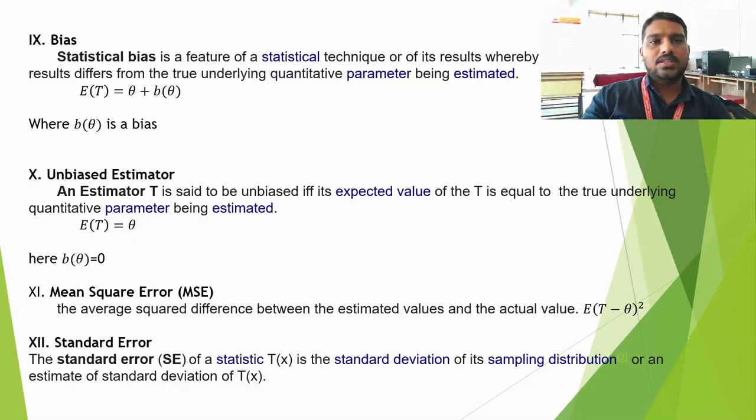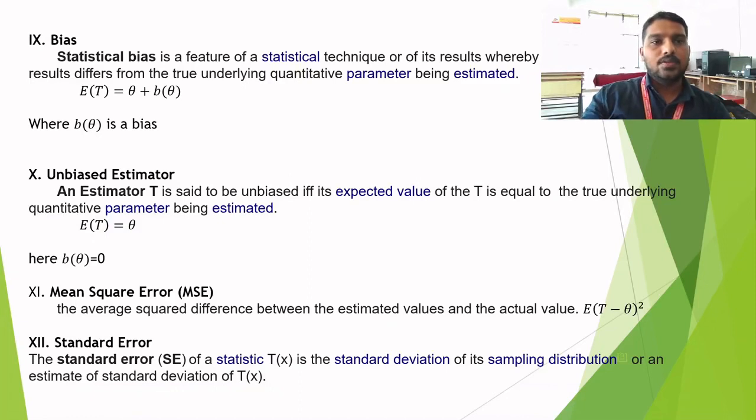So statistical bias means the expected value of the estimator is equal to the parameter plus some uncontrollable factor, or some other positive or negative factor, b(theta). So b(theta) is the bias here.